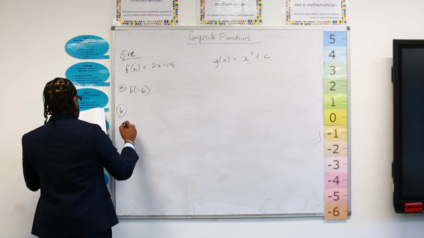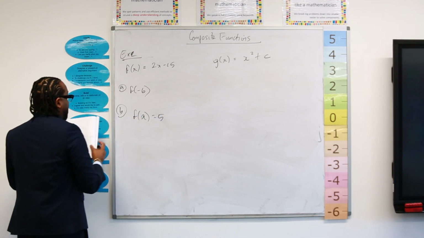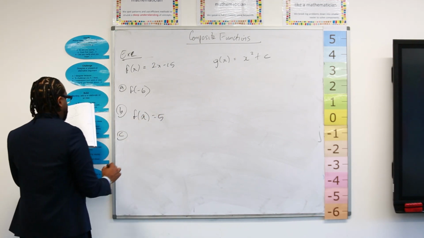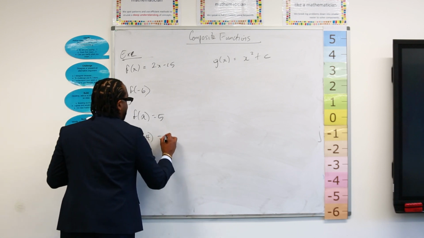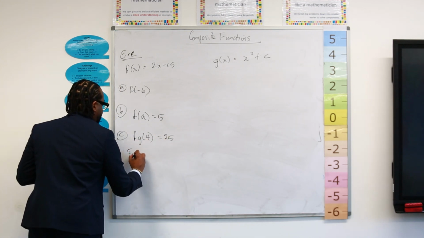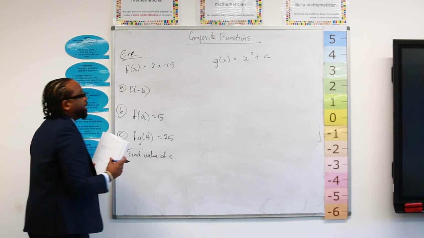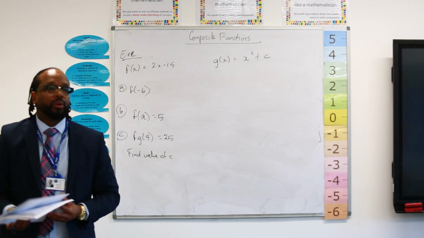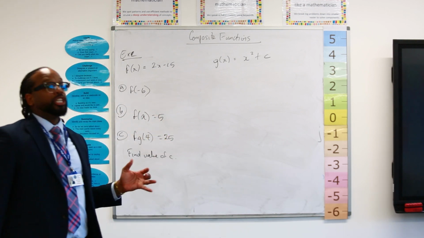Part B, it says f of a is equivalent to 5. And part C, it says f of g of 4 is equivalent to 25. Use this to find the value of c. Here is a typical question that you see in this new style of application of functions.